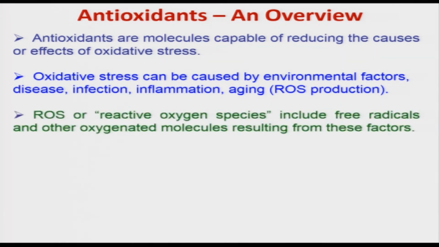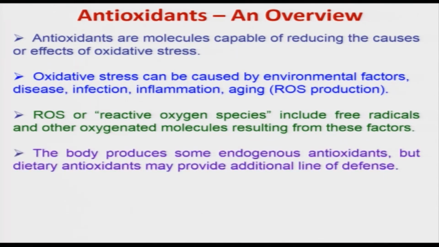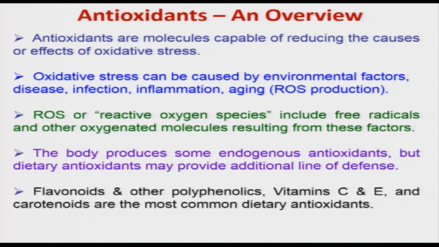ROS or reactive oxygen species include free radicals and other oxygenated molecules resulting from these factors. The body produces some endogenous antioxidants, but dietary antioxidants may provide an additional line of defense.